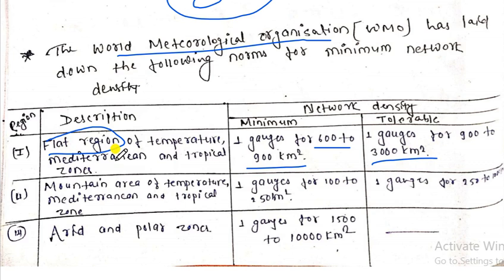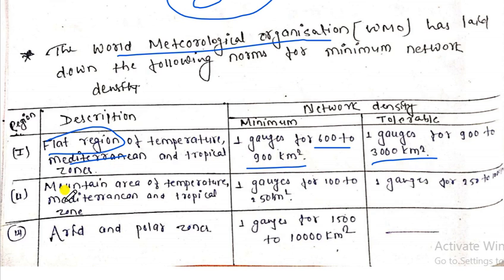And the Mediterranean regions are the regions which include summer as well as winter. In this type, one rain gauge is sufficient for 600 to 900 square kilometers.